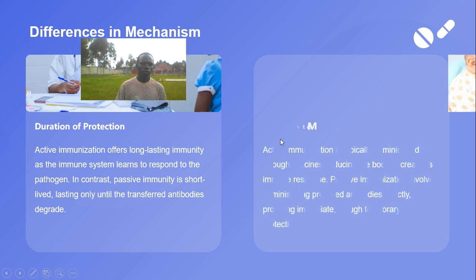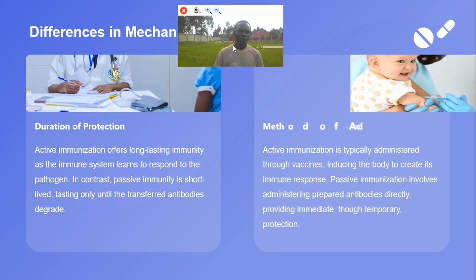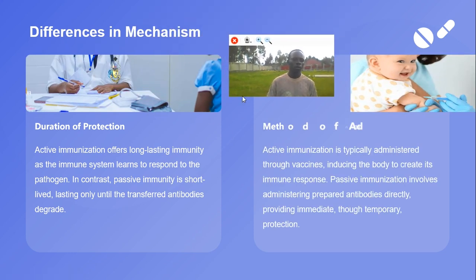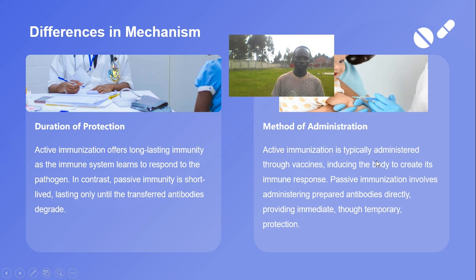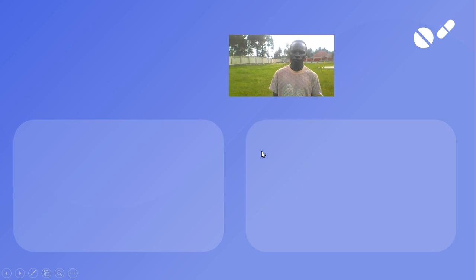Going through the differences in how they work, active immunization offers long-lasting immunity as the immune system learns to respond actively to the pathogen and keeps a memory of it. Active immunization is typically done with vaccines, which stimulate the body to produce its own immune response.